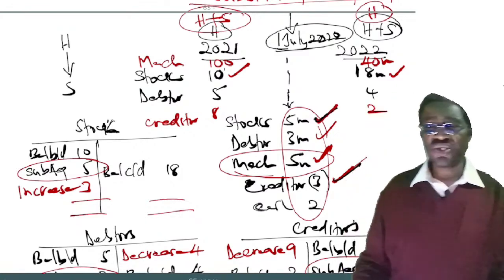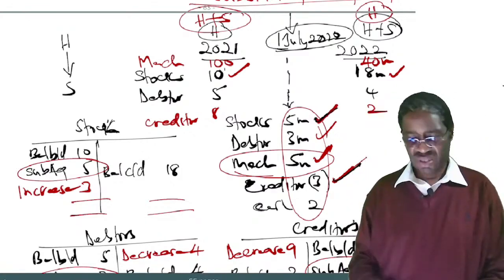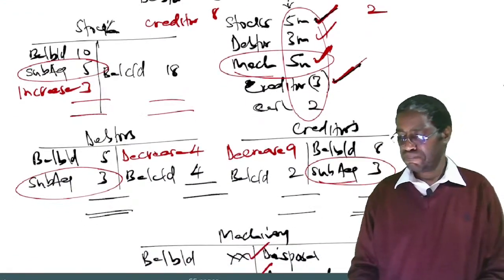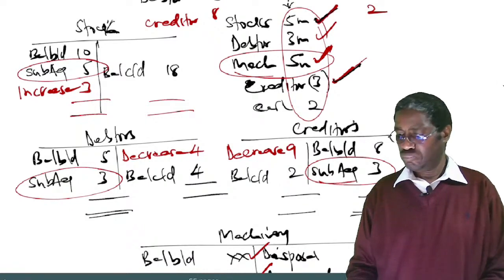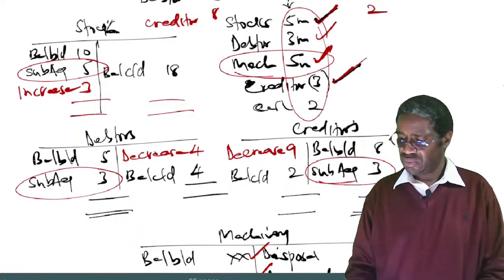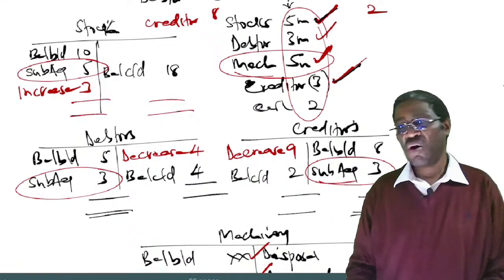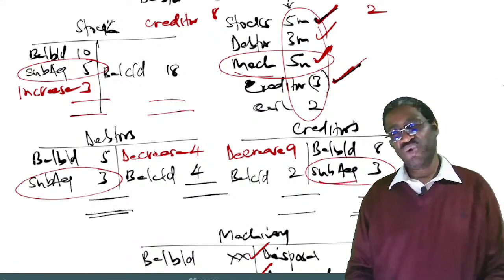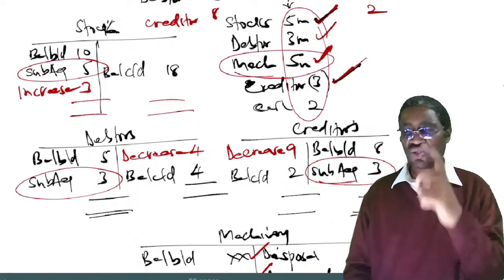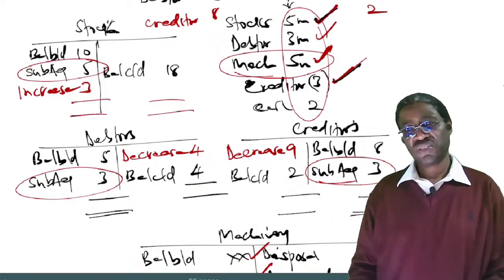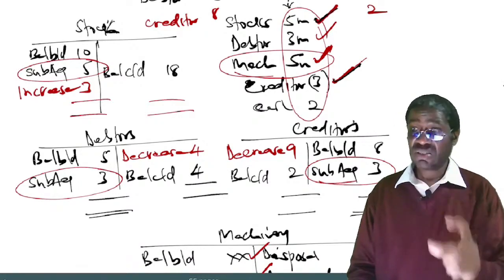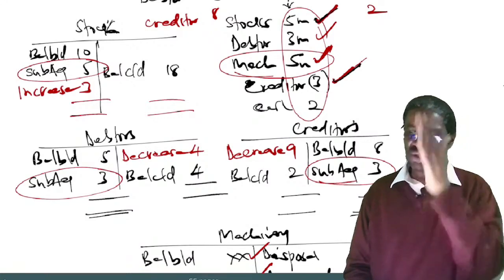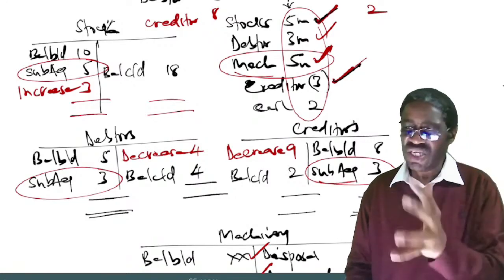So finish. I want to move on. Okay. If you look at this list of the assets at the date of acquisition or disposal, there is one thing I've not talked about.